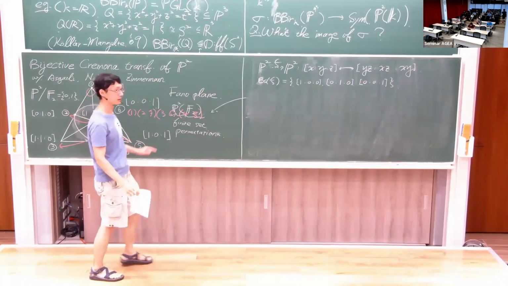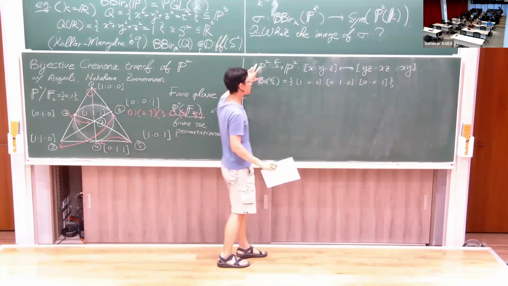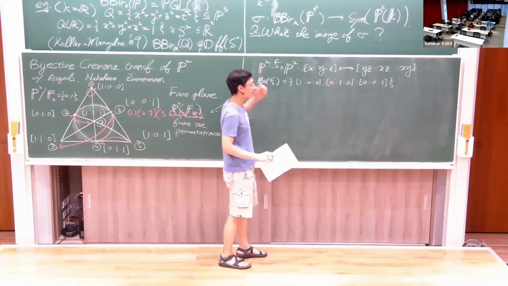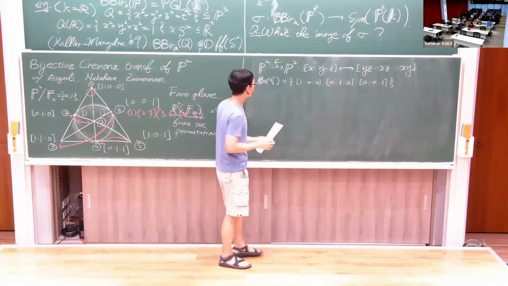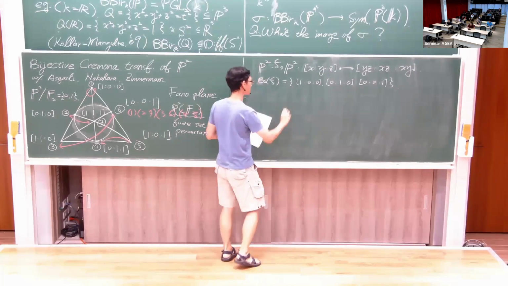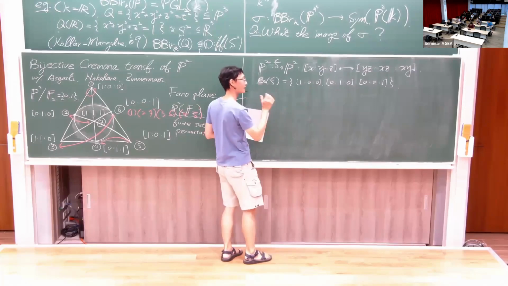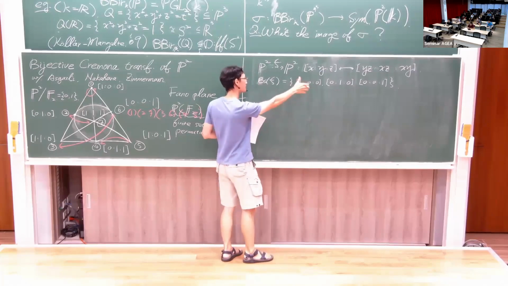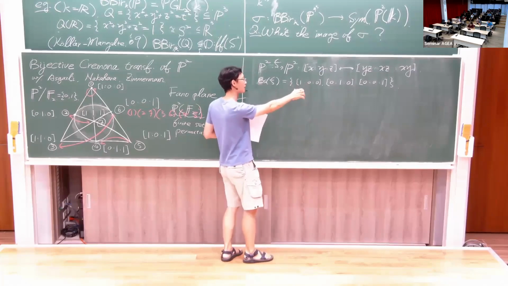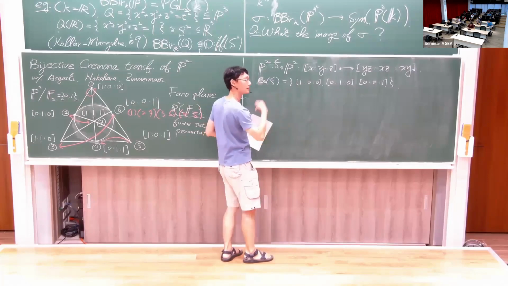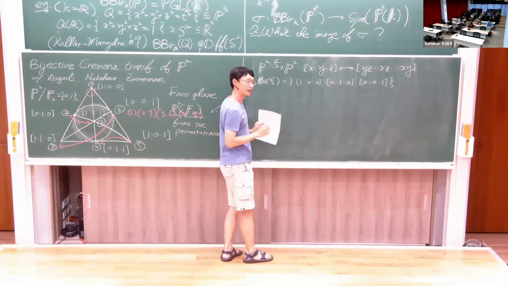But I can modify this example to produce an example which I want. So how do I do that? I can twist these 3 points a little bit, so that they form a Galois orbit of order 3 over the ground field F2.